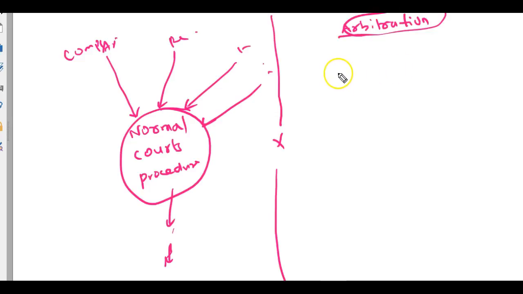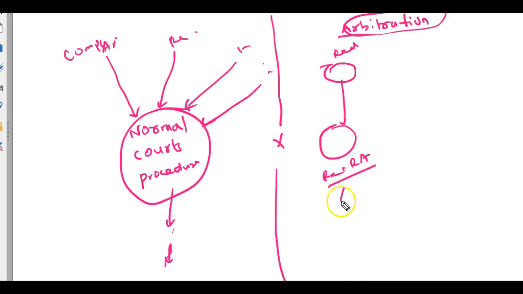Now the process is emerging that special courts or special mechanisms have been set up for real estate, namely the Real Estate Regulatory Authority and Appellate Tribunal, and for arbitration the government is also planning to strengthen the arbitration mechanism.